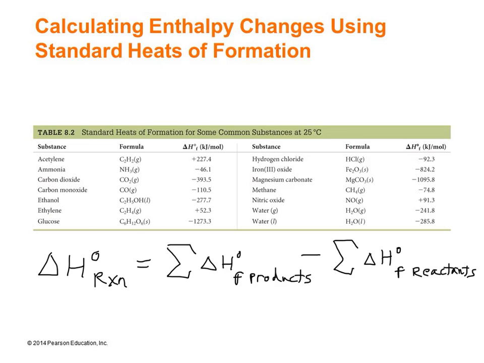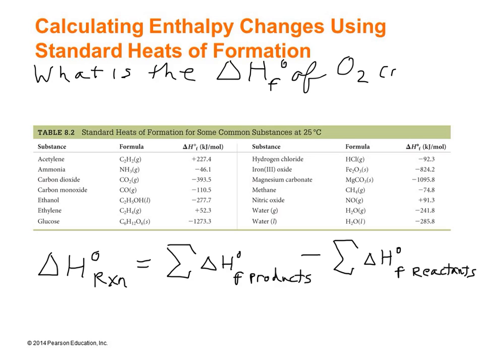Let me ask you one of my favorite test questions: what is the change in enthalpy of formation of oxygen gas? The question becomes, do you see oxygen on the chart anywhere?